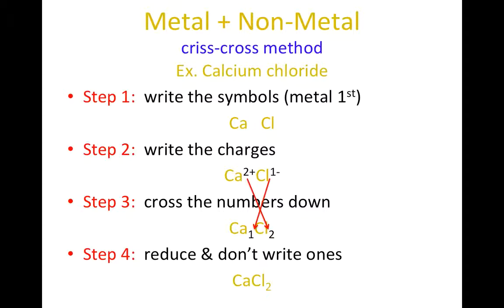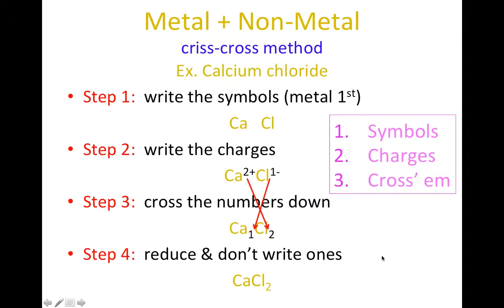If you can reduce, you reduce, and you don't write ones. So calcium chloride isn't just CaCl, it's CaCl2. And this should make sense because calcium is +2 and chloride is -1. So it's going to take 2 -1 chlorides to balance 1 +2 calcium. So it's symbols, charges, cross them.